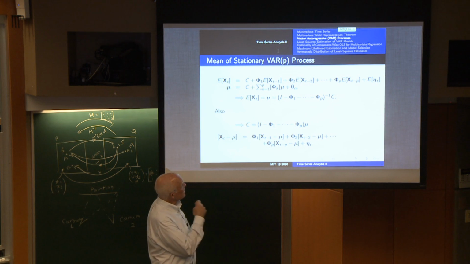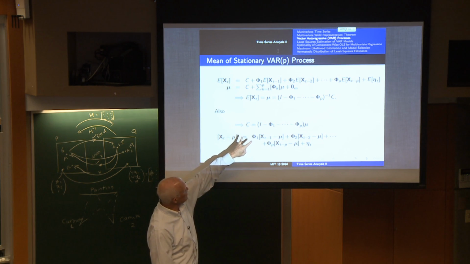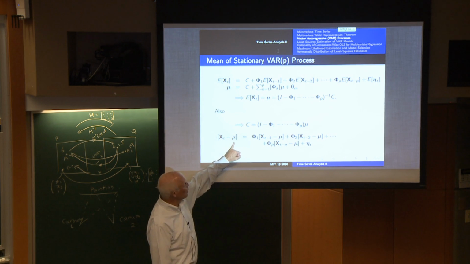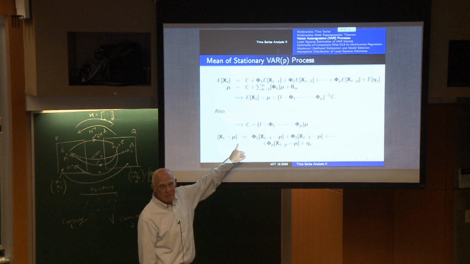So here we can see that this expression, 1 minus phi_1 through phi_p, that inverse has to exist. And if we then plug in the value of c in terms of the unconditional mean, we get this expression for the original process.